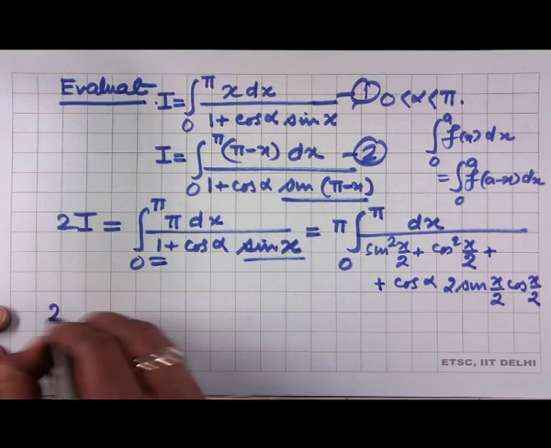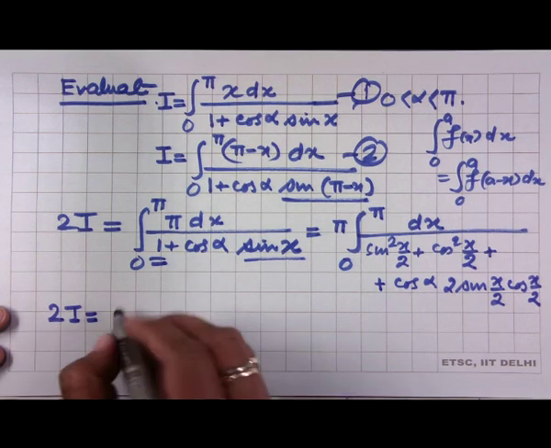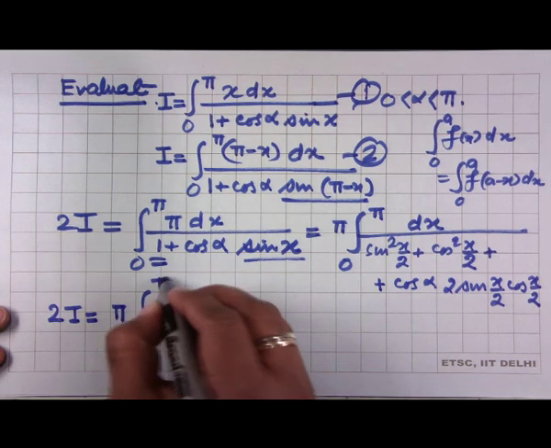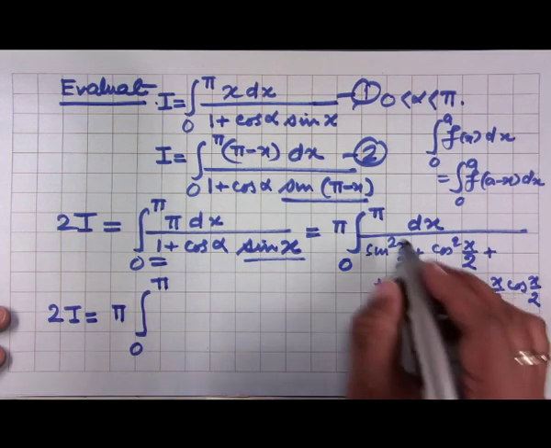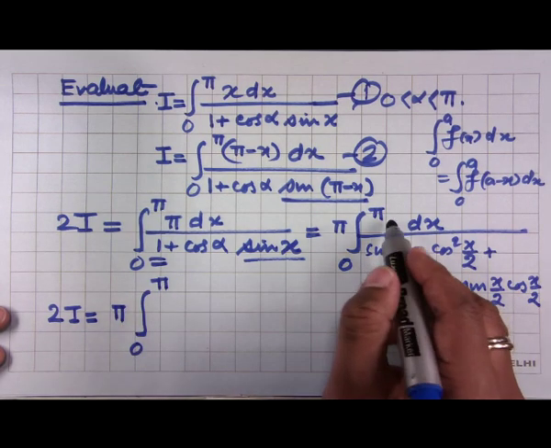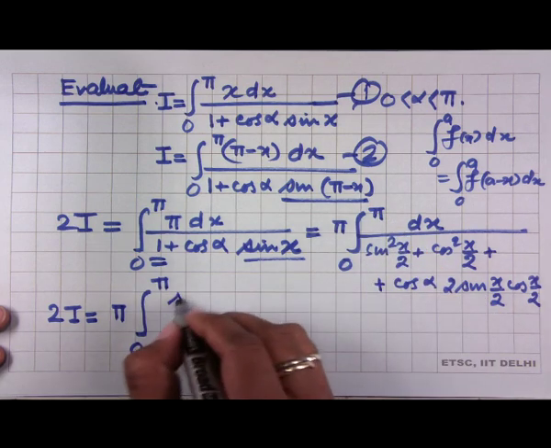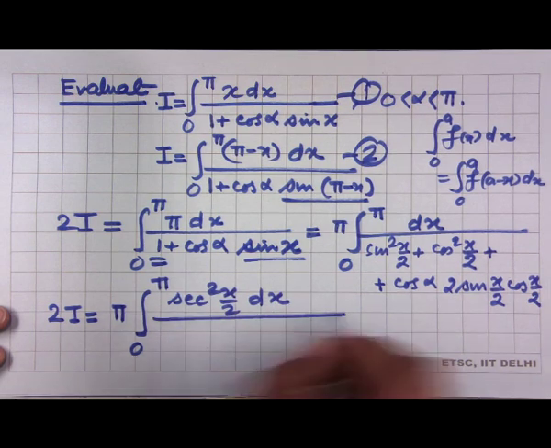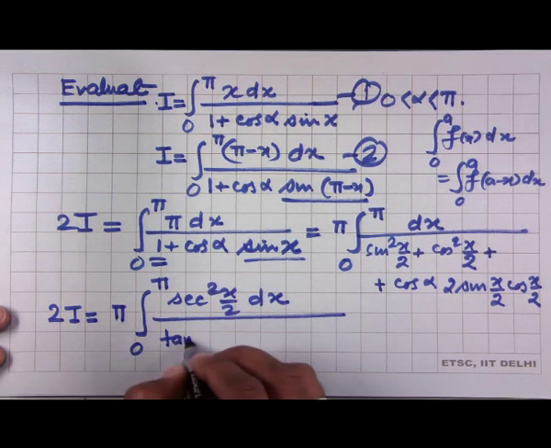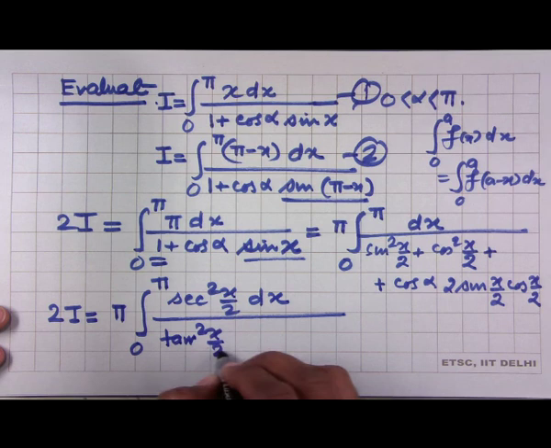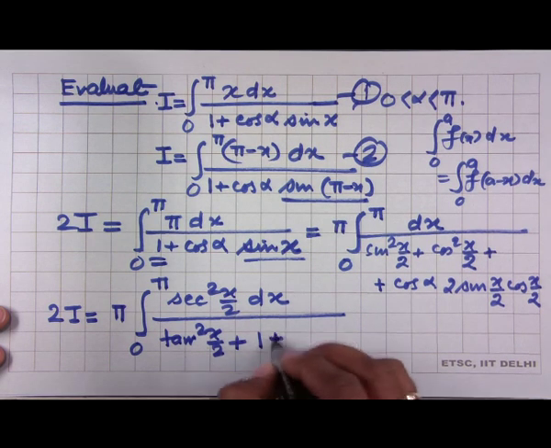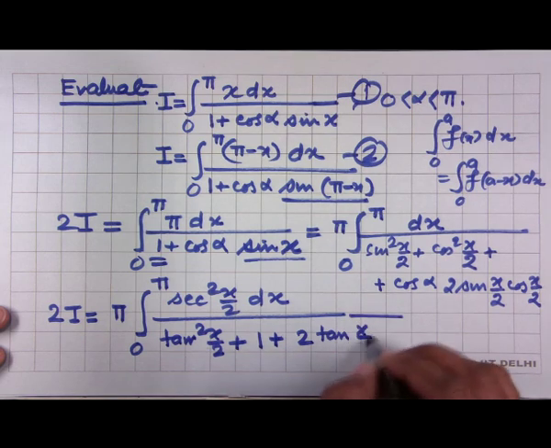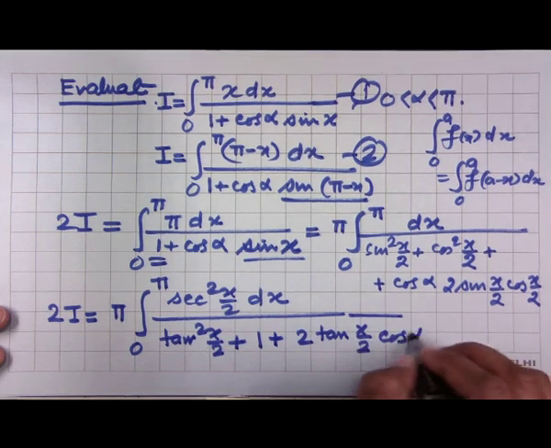So therefore 2I is equal to pi, 0 to pi. If you divide by cos square x by 2 throughout, in the numerator and denominator, you get sec square x by 2 dx by tan square x by 2 plus 1 plus 2 tan x by 2 cos alpha.